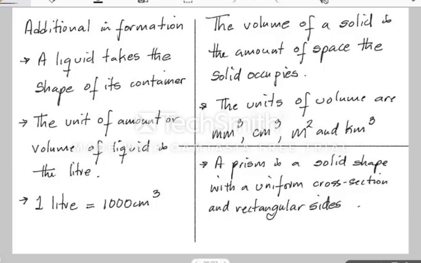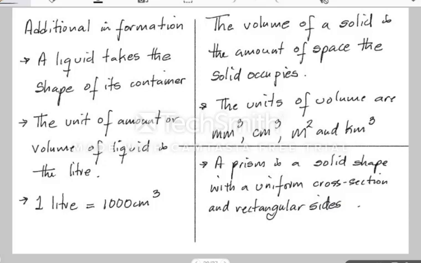So since liter is measuring liquid volume, it means that there must be some connection with metric volume, or the volume of, let's say, a solid shape with a uniform cross section. Well, 1 liter is equal to 1,000 centimeters cube.